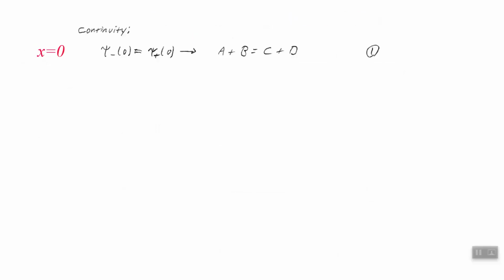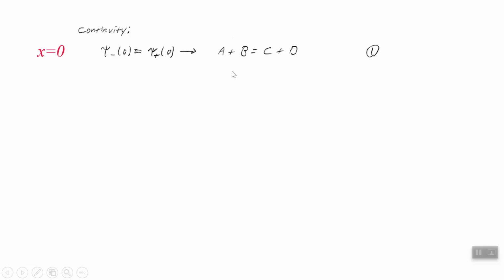Continuity at x equals 0 is written as the wave function minus, meaning whatever the wave function expression is just before x equals 0, evaluated at x equals 0, equals the expression for the wave function just beyond x equals 0, evaluated at x equals 0. So in other words, the region 1 wave function at x equals 0 equals the region 2 wave function at x equals 0.